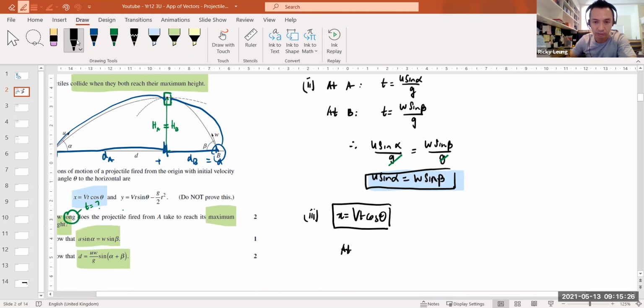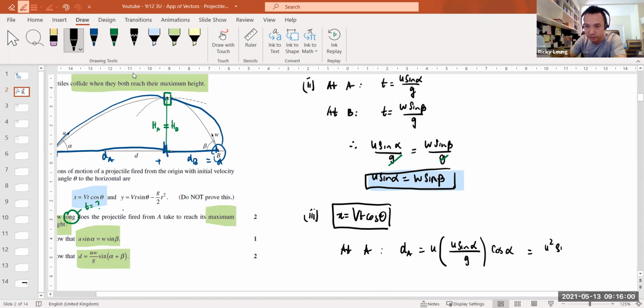At A, if I travel this time to max, I'm going to sub in the time it took for max height, which is U sine alpha on G, and then cos alpha. So the distance traveled by A is U squared sine alpha cos alpha on G. That's dA. I'm going to leave that there for now.